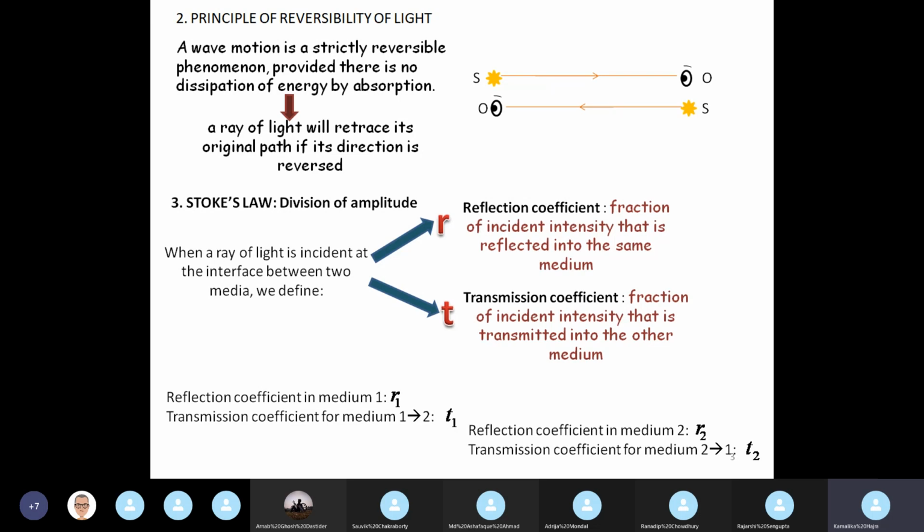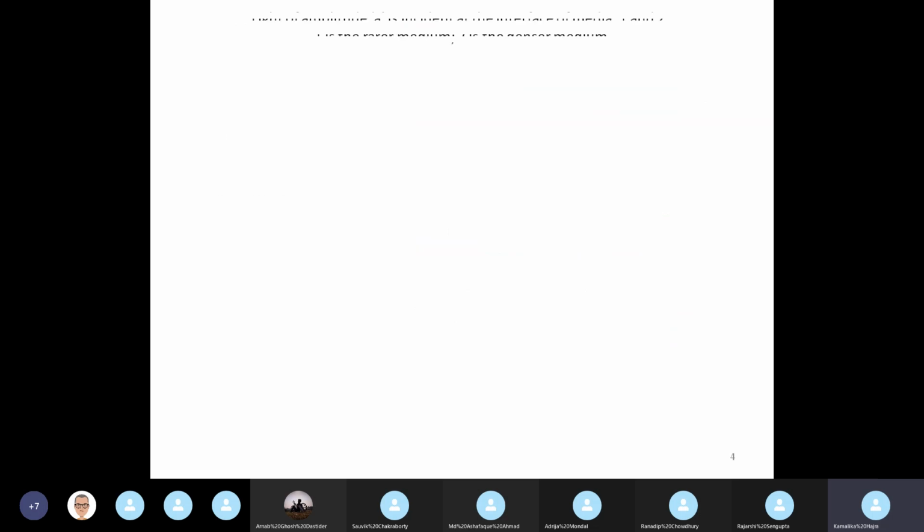If you are going from medium 1 to 2, you will have one transmission coefficient, whereas going from medium 2 to 1, the opposite direction, you will get a different one. These things are new, but you need to keep them in mind for our next exercise, which will eventually give us Stokes law. Now suppose light of amplitude A is incident at the interface of medium 1 and 2.